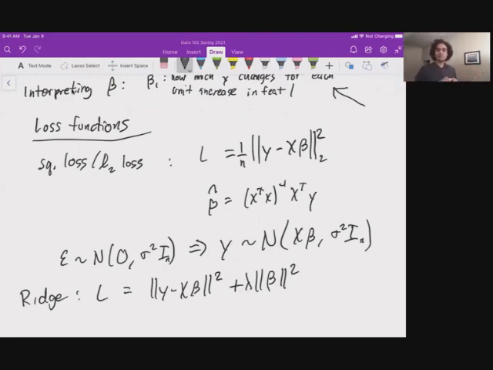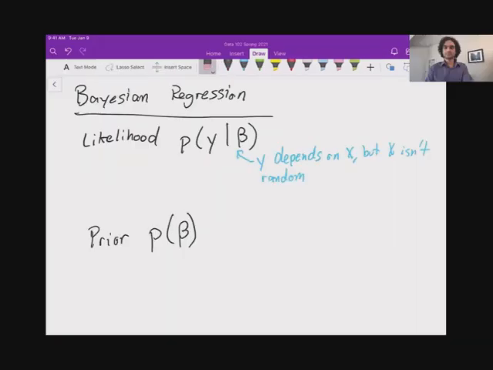If your betas are too big, you might end up overfitting the data. So we want to shrink the vector beta, and we add this regularization term. You'll show in the homework that ridge regression is equivalent to placing a normal prior on beta in the Bayesian world. Okay, so that's linear regression. In the next video, we'll review logistic regression.